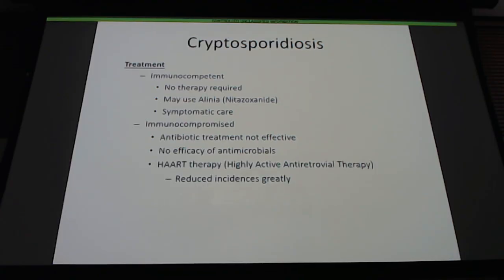Okay? That is the main reason why we don't usually give that to immunocompromised folks, because their body's not going to come in and do any extra work because it can't. Right? So the main therapy and mainstay for immunocompromised folks is HAART therapy, okay? Or ART therapy for them. You need to get those CD4 count numbers back up so that their body can start fighting against this stuff.